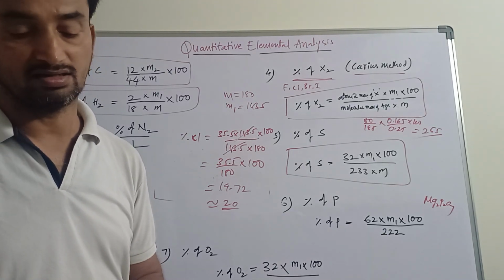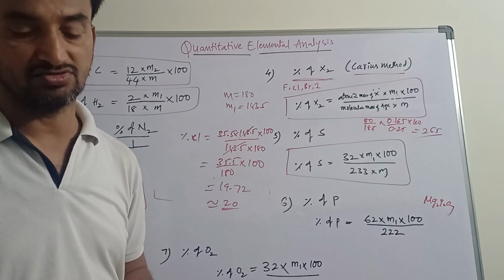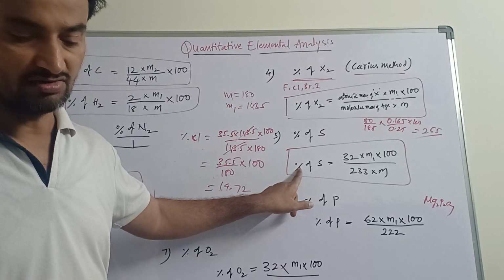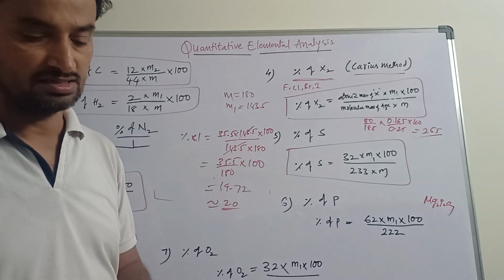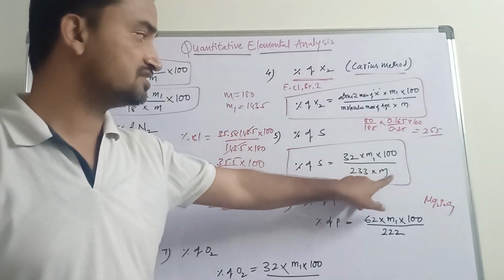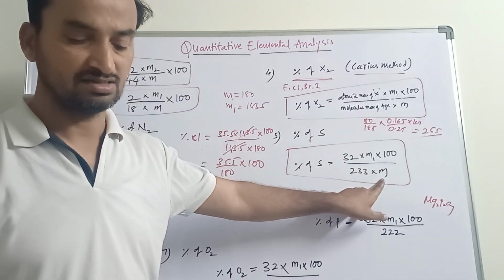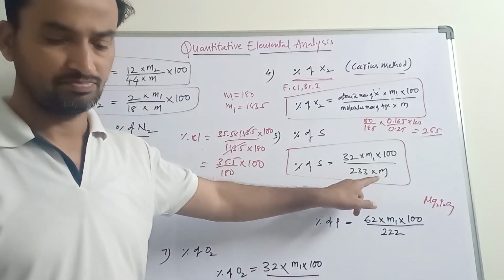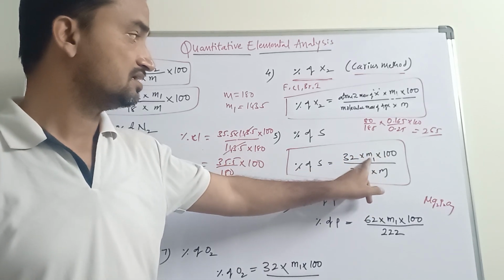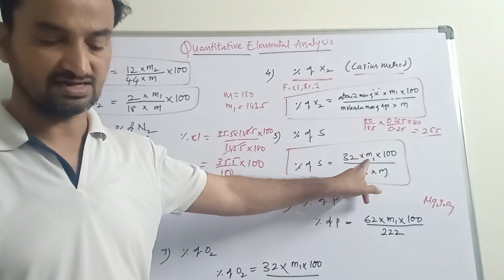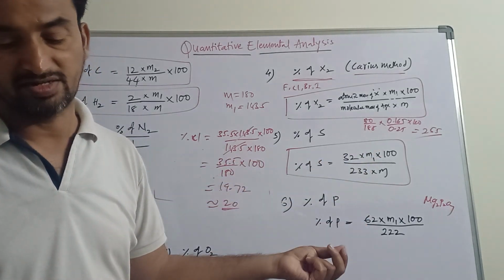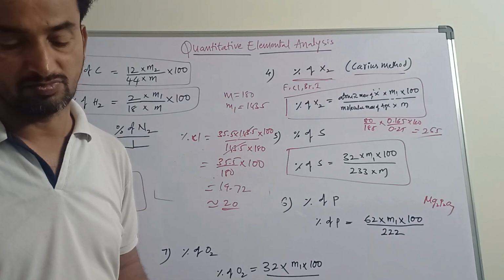See another question from the January session. In the sulfur estimation of 0.2 grams of a pure organic compound, the mass of the starting compound taken is 0.2 grams, which gave 0.40 grams of barium sulfate. So the mass of barium sulfate produced, M1, is 0.40.